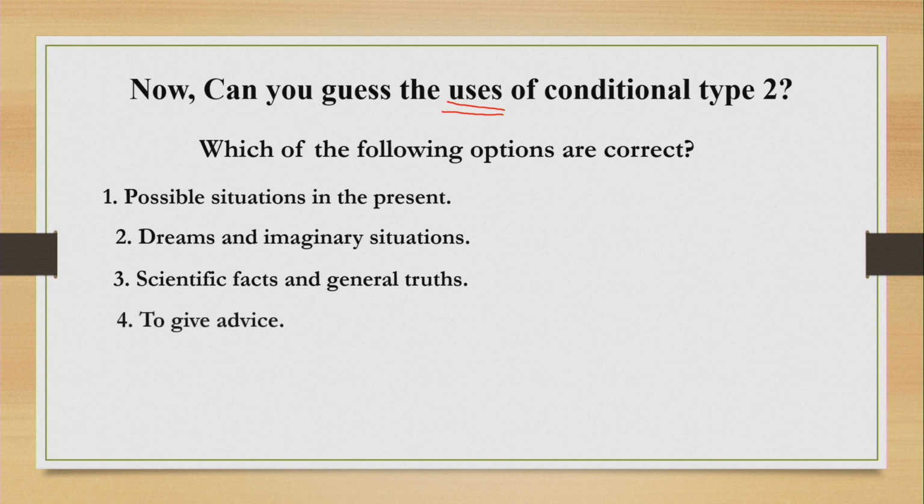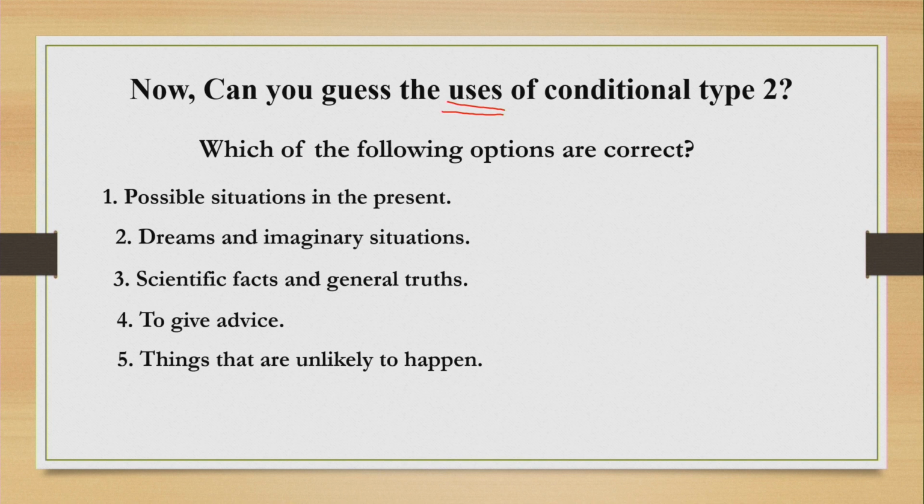Number 4, to give advice. Number 5, things that are unlikely to happen, which means maybe yes, maybe no, maybe it's something difficult to happen, maybe it's impossible, right?